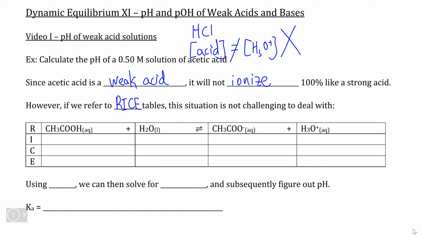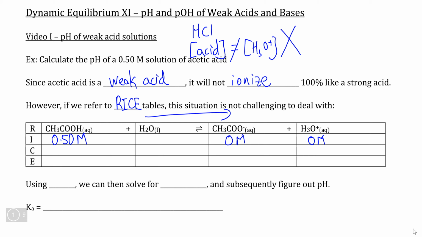So the only information that we're given is that our initial concentration of acetic acid is 0.50 moles per liter, meaning since we're not told anything else, we can assume that the concentration of H3O+ and our conjugate base is 0 moles per liter, meaning that only the forward reaction will happen, so our equilibrium is going to shift to the products.